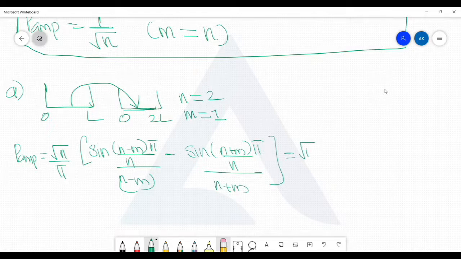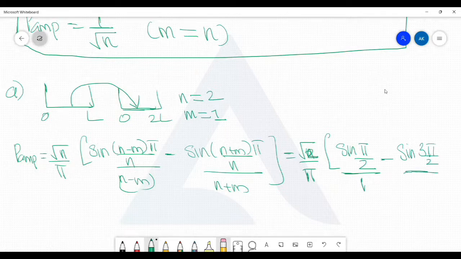That is root 2 by pi, sine of (n minus m), that is sine pi by 2, divided by 1, minus sine of (n plus m), that is 3 pi by 2, divided by 3.